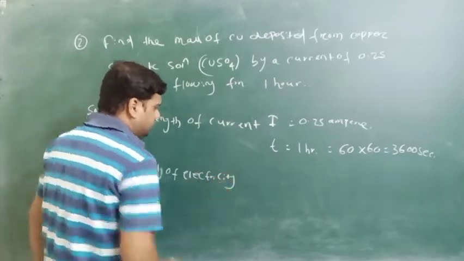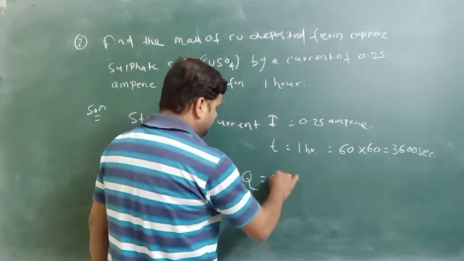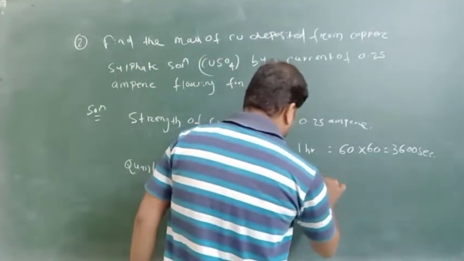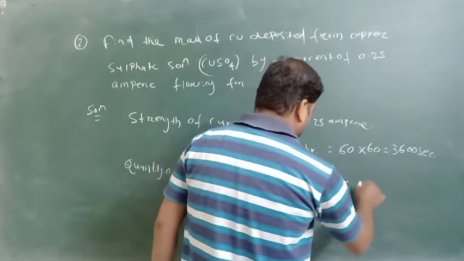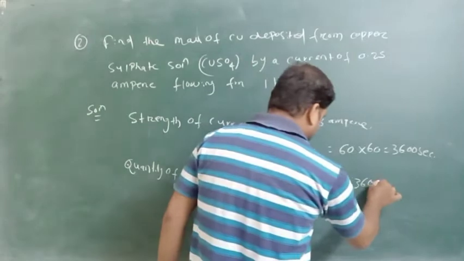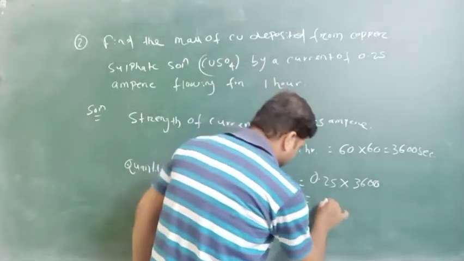The quantity of electricity is Q. We know that Q equals I into t. So the value will be 0.25 into 3600 seconds, so that we will get 900 coulombs.